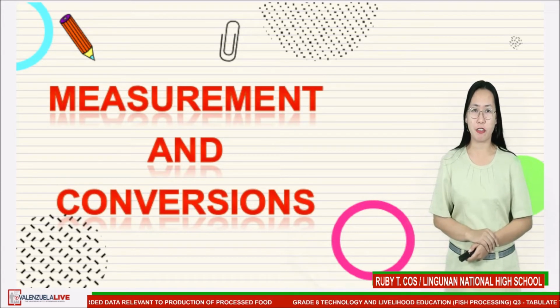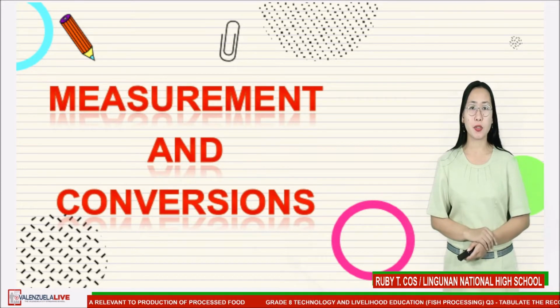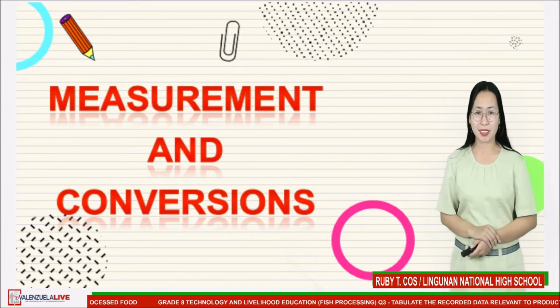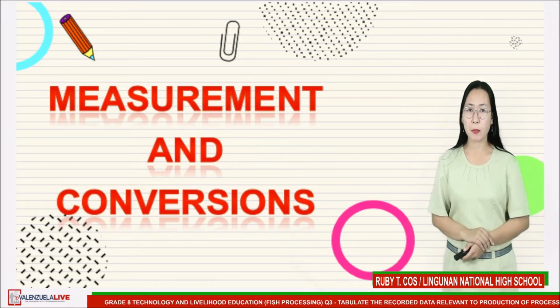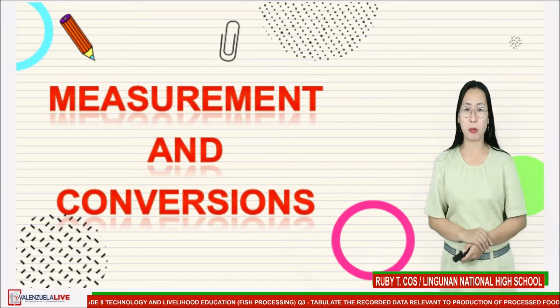Measurement and conversions. It is important to weigh or measure all ingredients accurately, especially for the beginners. In weighing, we need to use weighing scale that would last longer. A good selection of measuring cups and spoons, as listed below, can be very handy.